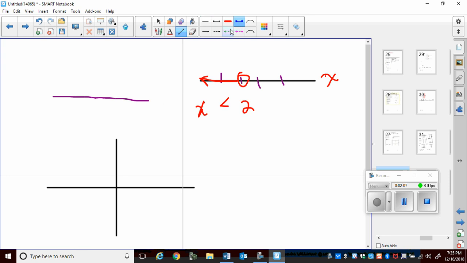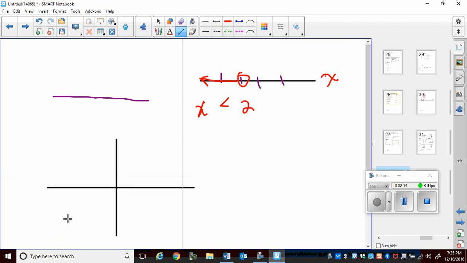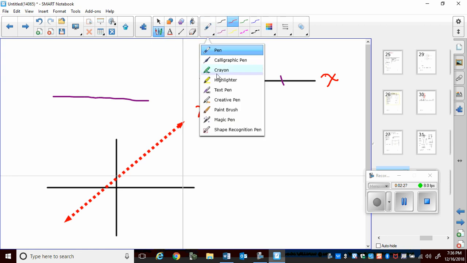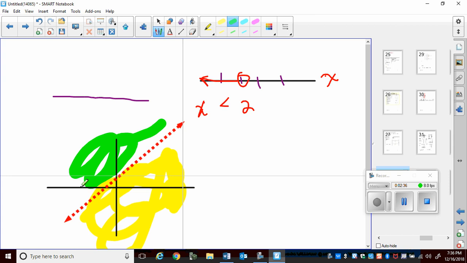Let's say I draw some line. Less than on a number line is to the left, but if I want to shade less than on a two-dimensional graph, I shade below the line. If I want to shade greater than, I shade above the line.